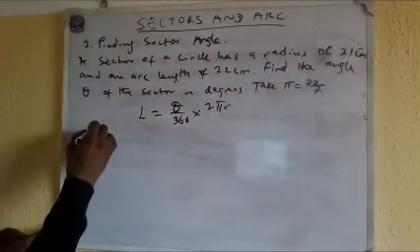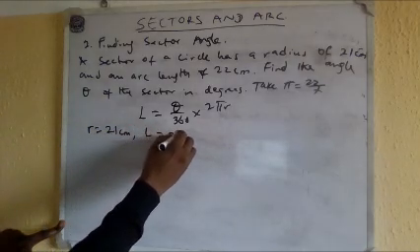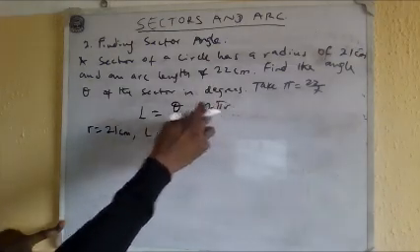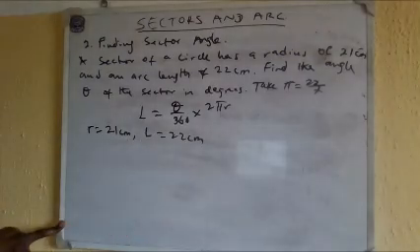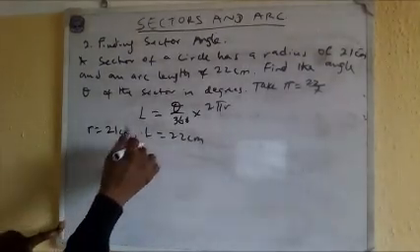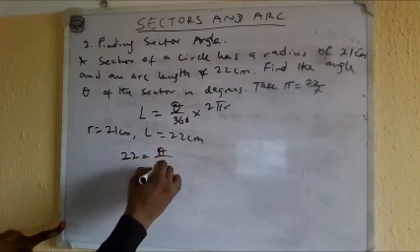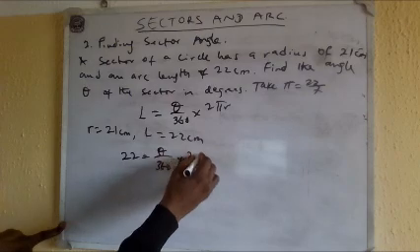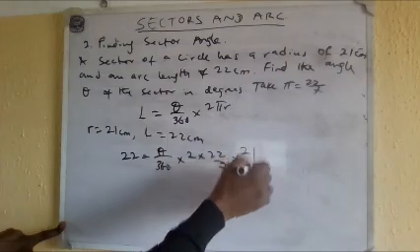Okay, r is what? 21 cm. Arc length is what? 22 cm. So we have this, we have this. These are constants. So we're looking for this. So we have 22 is equal to theta over 360 times 2 times 22 over 7 times 21.